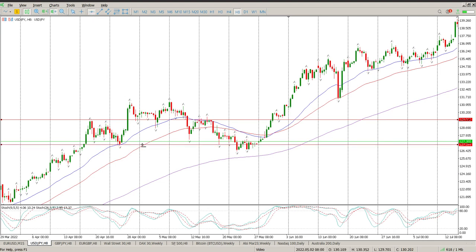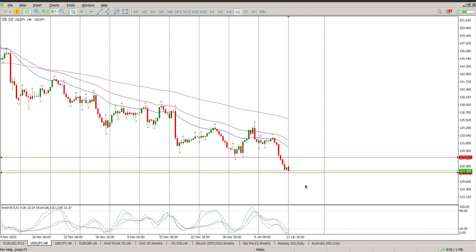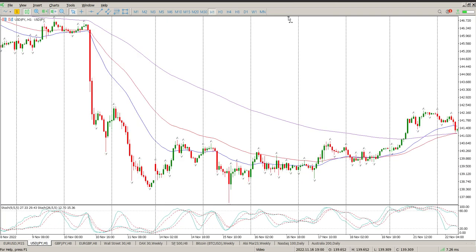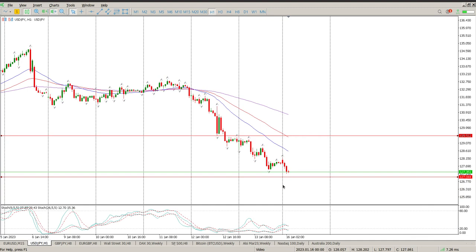So that would be around there. Let's just get back to where we are. We're right at this area of support, so it looks like we have actually tagged it already. So we'll have a look at that on the hour. This is 127.044. If we have a look at it on the hour, okay, we haven't tagged it yet, but we're pretty close.